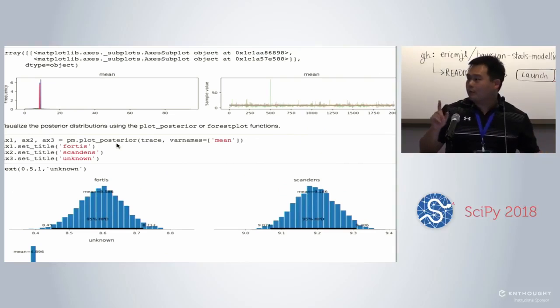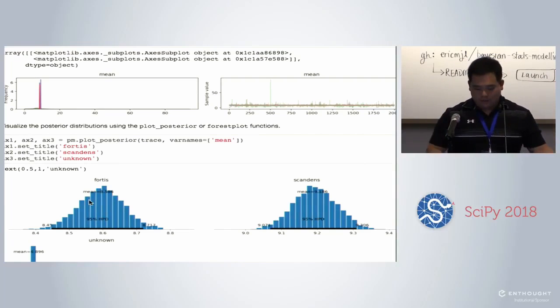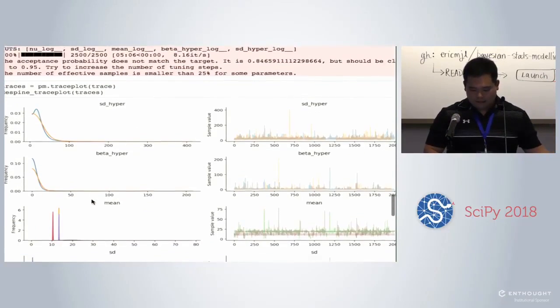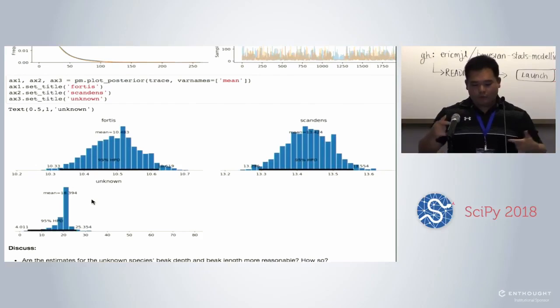So can someone open up the previous notebook and look at the posterior distribution estimates for Fortis and Scandens under the assumption of independent, non-grouped priors? Can someone open that? I think we did beak length in the previous notebook, so I have both beak length and beak depth here. Let's look at what the posterior distributions say for that.